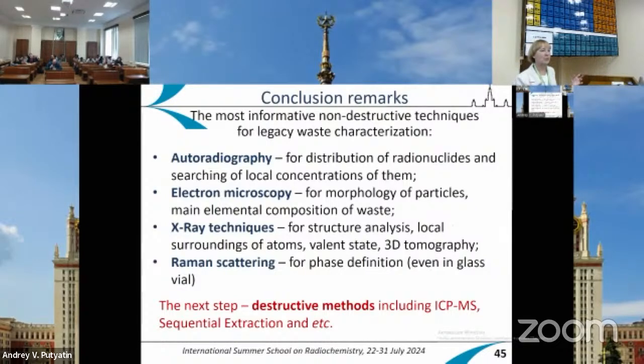There is a big group of electron microscopy methods for morphology analysis and main elemental composition analysis, and a big group of X-ray techniques for structure analysis, local surrounding of atoms, valence state of radionuclides, 3D tomography, and some others, and X-ray diffraction analysis with very good resolution.